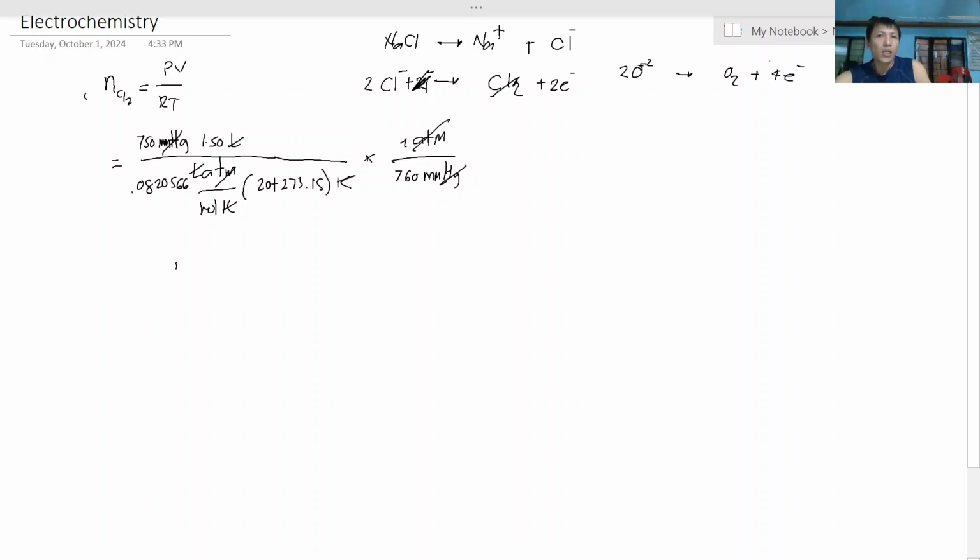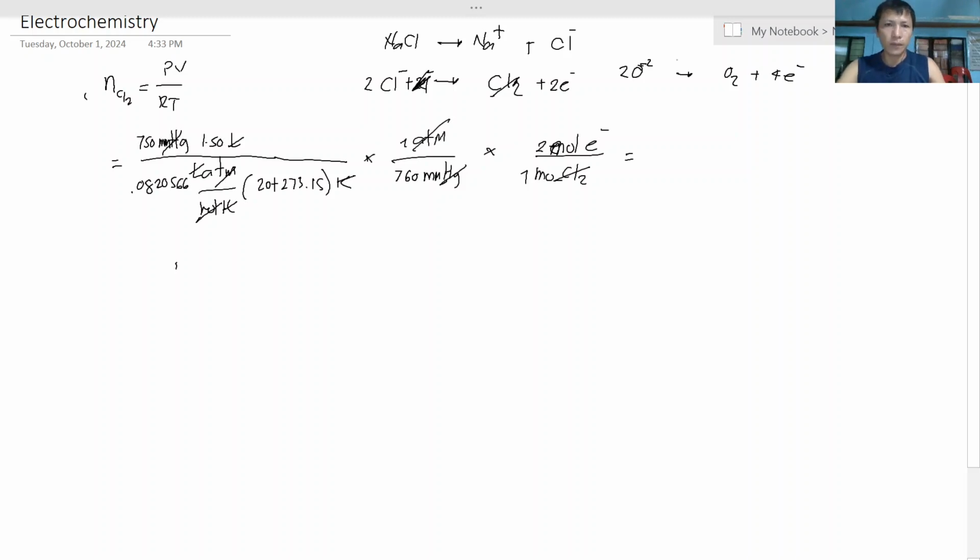So that's what is needed for moles of electrons. Here, we have 2 moles of electrons needed. So for every 1 mole of Cl2, you need 2 moles of electrons, so the moles cancel.